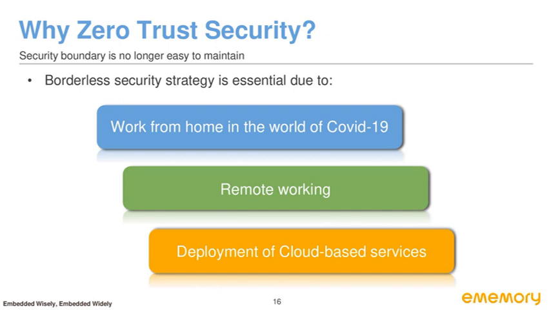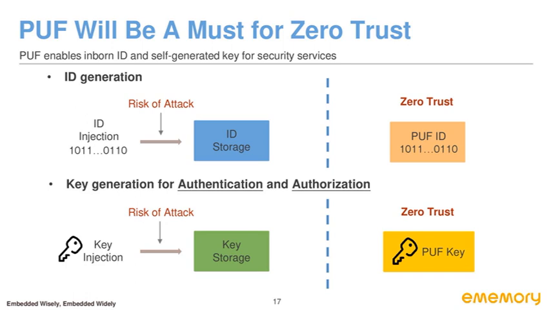Zero trust networking is based on the principle of never trust and always verify, and therefore requires authenticated verification. PUF is best suited to perform this function, and is said to become essential for creating a zero trust network. Because our PUF-based technology can provide a self-generated ID for unique identification and a self-generated key, both of which are inherently created in the PUF.